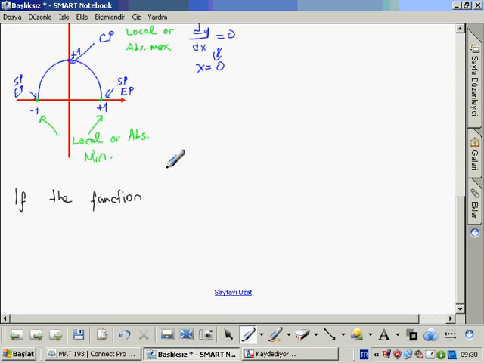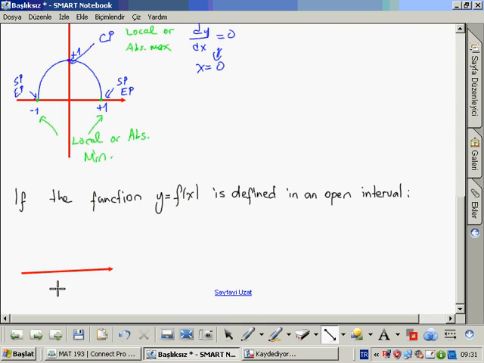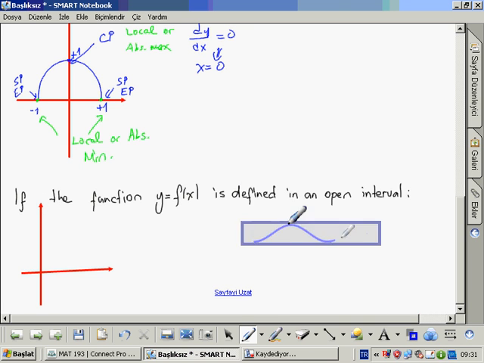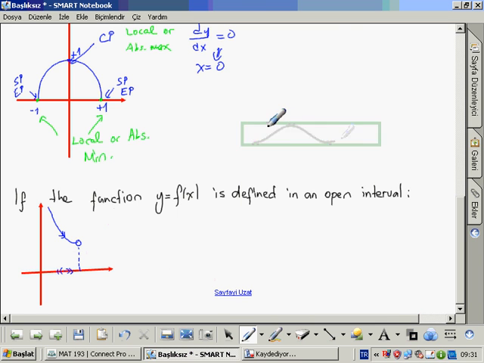Of course, if the function f of x is defined in an open interval, and as you see, this function is decreasing.